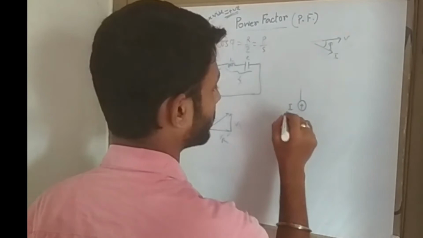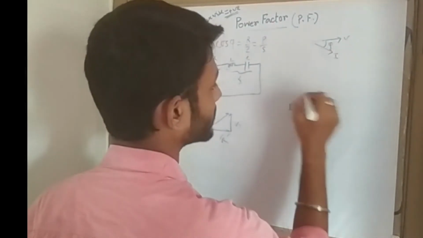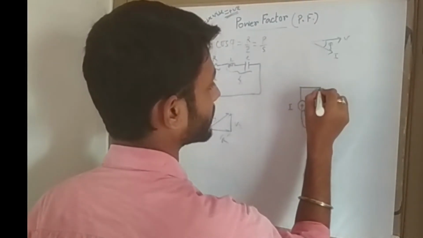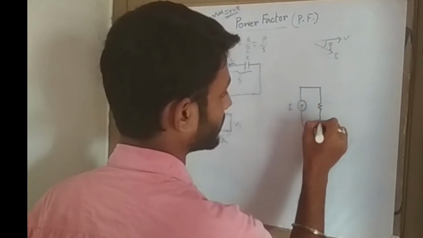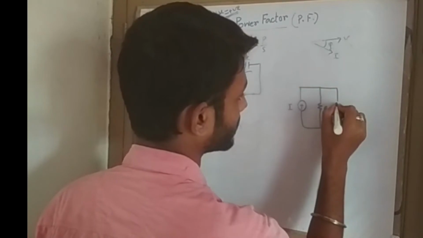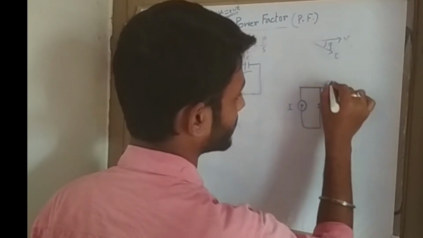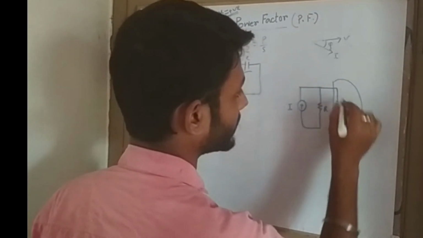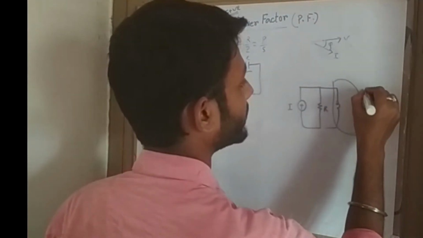this one is overall current which is being supplied to the circuit. This is resistive part, this is inductive and capacitive. Here this portion is for reactive part.